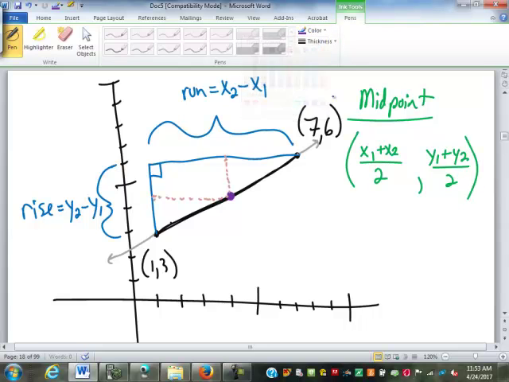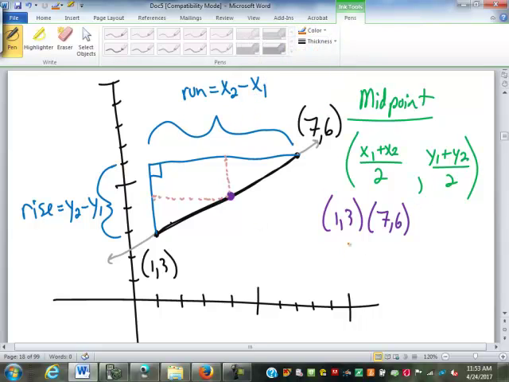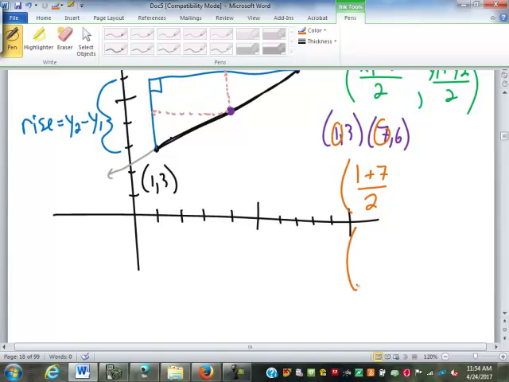So here we have these points 1, 3, and 7, 6. To find their midpoint, we're going to add together the x-coordinates. I have 1 and 7. So 1 plus 7 divided by 2. Well, 1 plus 7 is 8. Divided by 2 is 4. So the x-coordinate of that midpoint is 4.